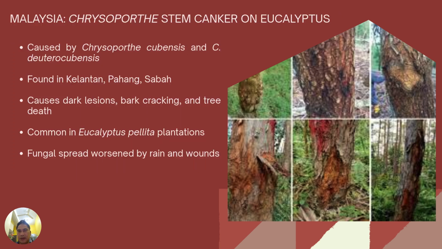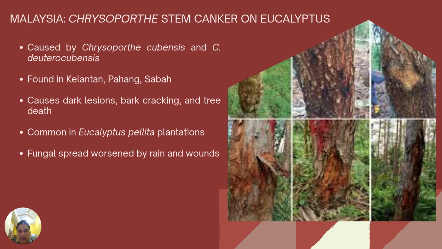So this is one of the major plantation diseases here in Malaysia. It affects eucalyptus, especially palita, which is commonly planted for pulp and timber. It's caused by fungi called Chrysoporthe cubensis and Chrysoporthe deuterocubensis. These pathogens attack the stem and cause something called stem canker.